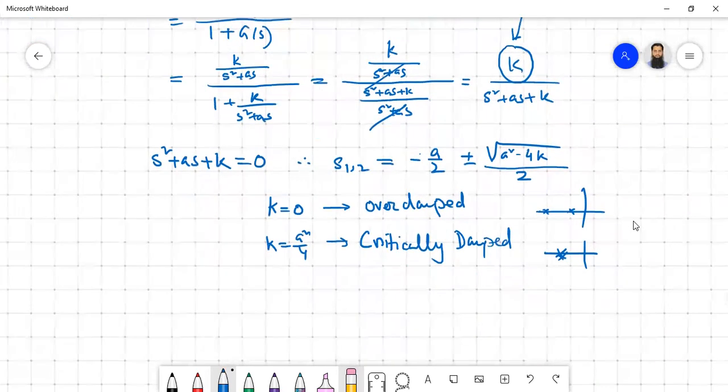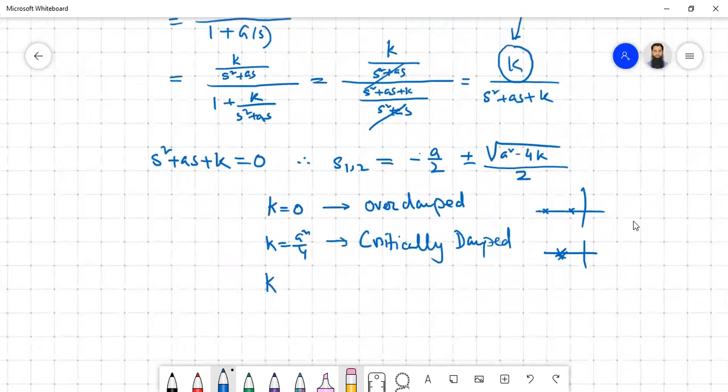And the other one is if the value of K is greater than a squared by 4. In that case, definitely the term under the root will be negative, so the roots will have an imaginary portion. That will be your under damped scenario. Okay, so we have something like this.